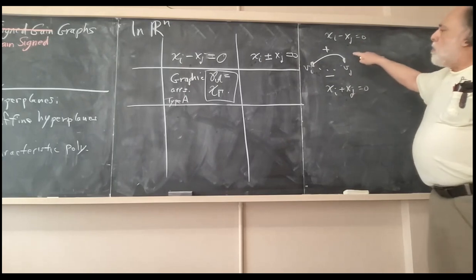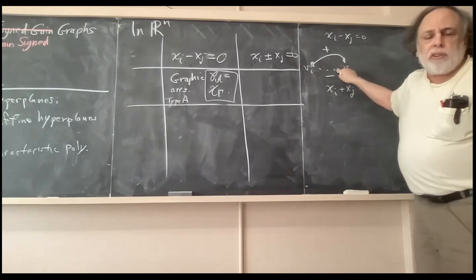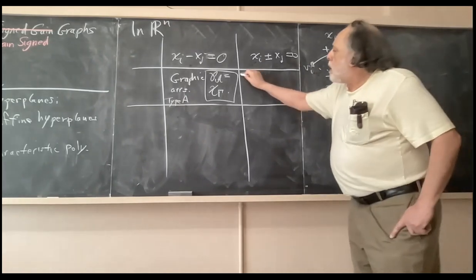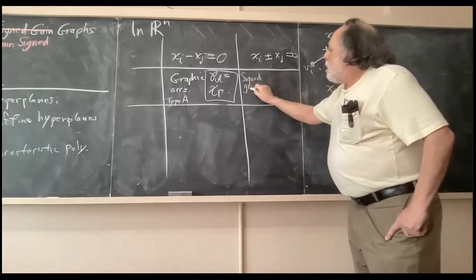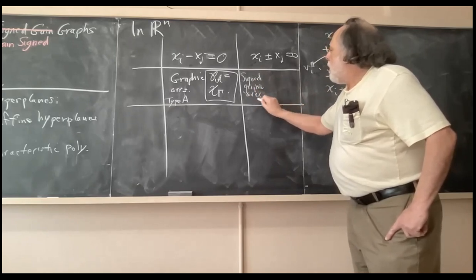So what we are able to do is have graphs with signed edges. The positive edges are like ordinary edges, but the negative edges are different. And we can create an exact analog, a generalization, and we get arrangements that can be described by signed graphs.